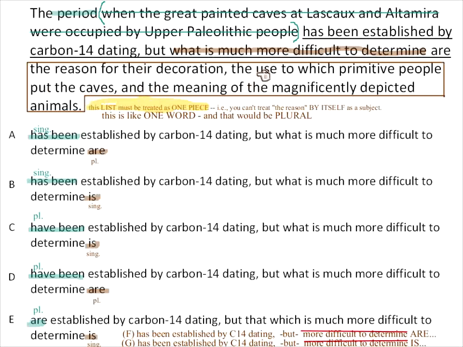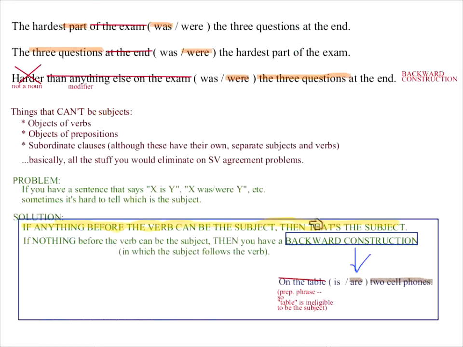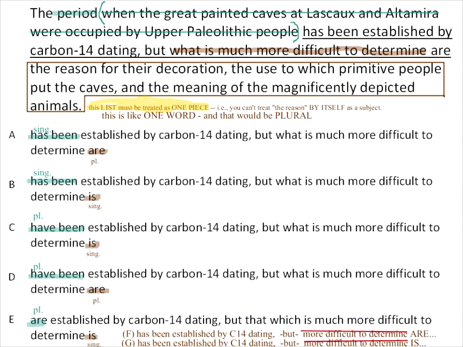It is impossible to treat this as singular. So you cannot say "on the table is two cell phones" because two cell phones is plural. And for the same reason, you also cannot say "more difficult to determine is this stuff." That would be incorrect because this stuff is plural. So in this example, F would be acceptable, and G would be unacceptable.